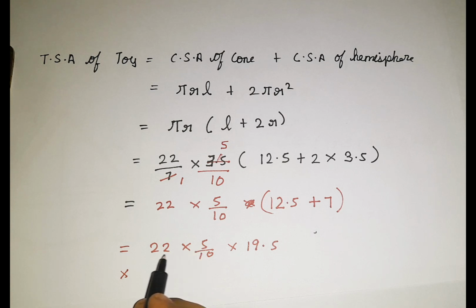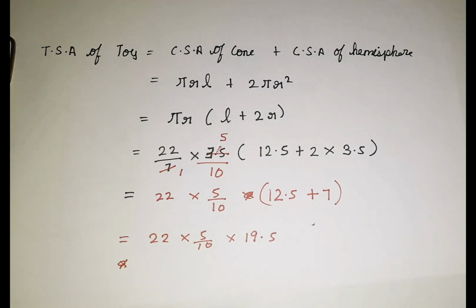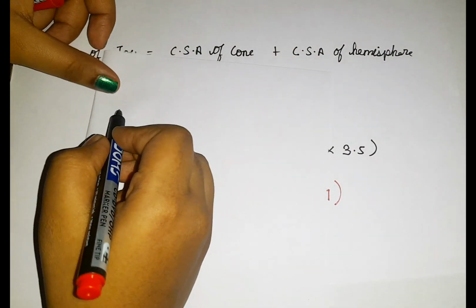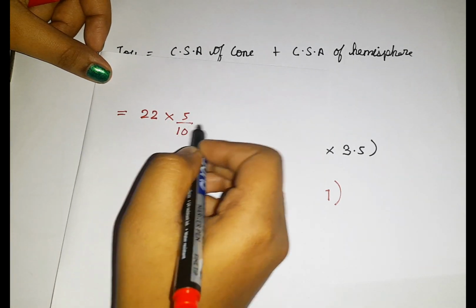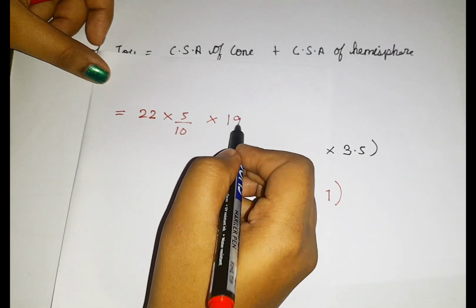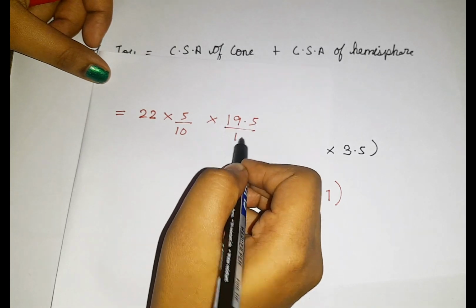So now 22 into 5, what is the answer? 22 into 5. One second. I don't have space, so I'm going to be doing it here. So it is equal to 22 by 5 by 10 into 19.5 by 10.